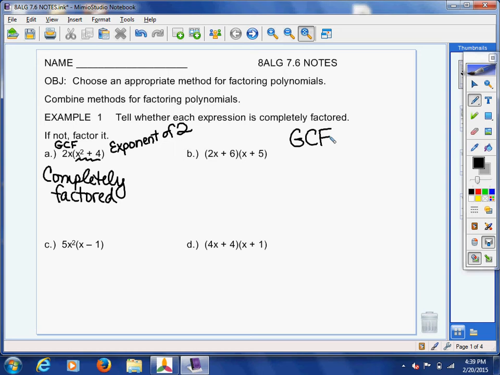So let's look at this first quantity. I have a 2 and I have a 6. Is there a number that's the GCF, greatest common factor of 2 and 6? Well, yes, there is. So that's what we're looking for in these quantities: is there a GCF? And there is one. We need to pull that out.